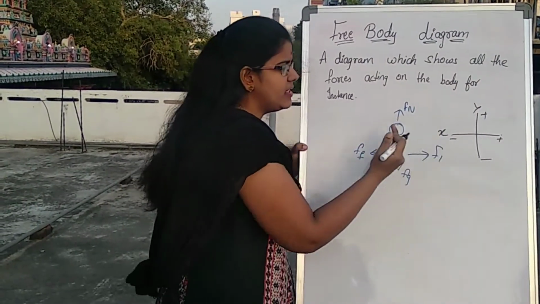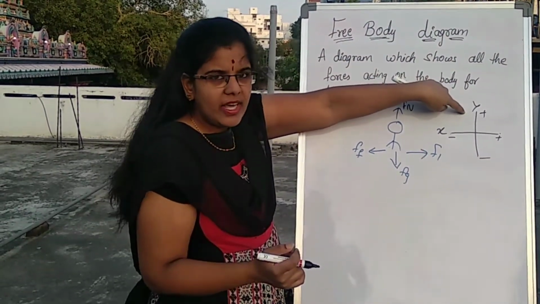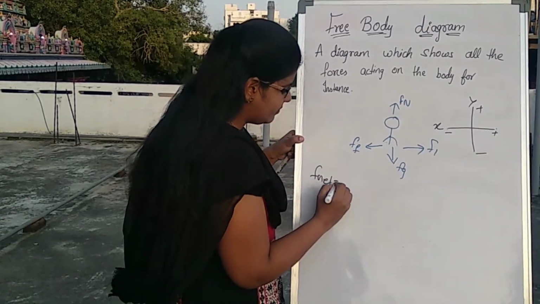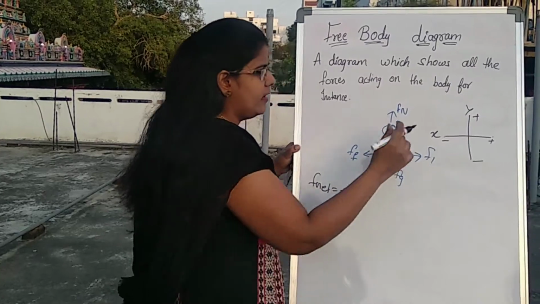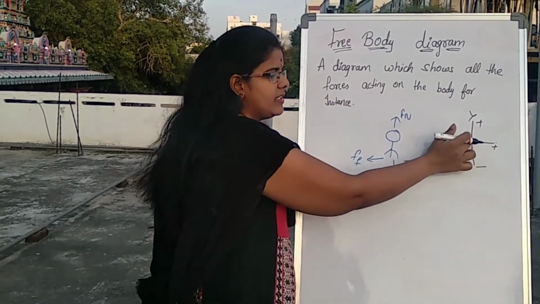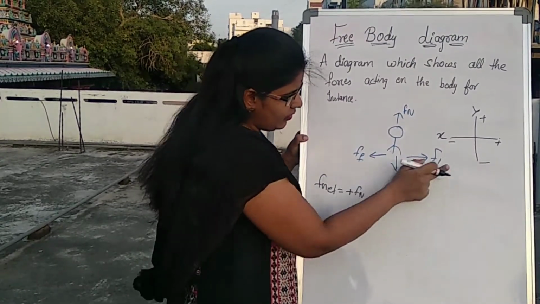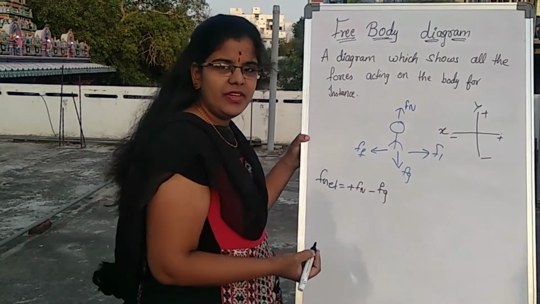Now you represent the same. Normal force is in which direction? The upward direction. So F net is equal to plus Fn, because it is in the upward direction we have taken it as plus. The downward direction we take as minus, so minus Fg.